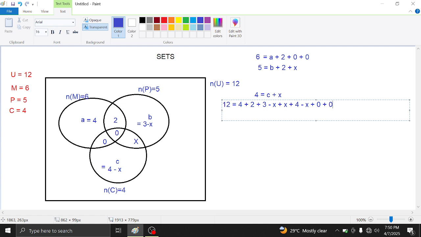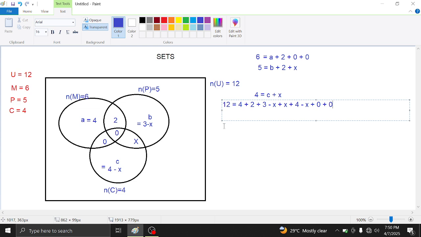So 4 plus 2 is 6. 6 plus 3 is 9. 9 plus 4 is 13. And plus 0 plus 0 remains 0. So we have negative X plus X minus X, going to be negative X, right?